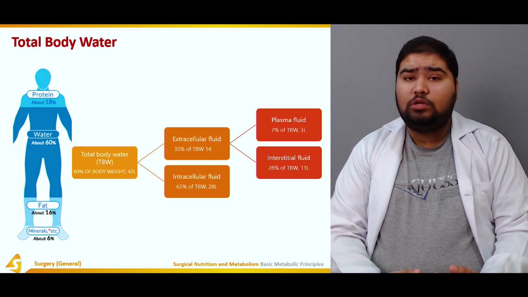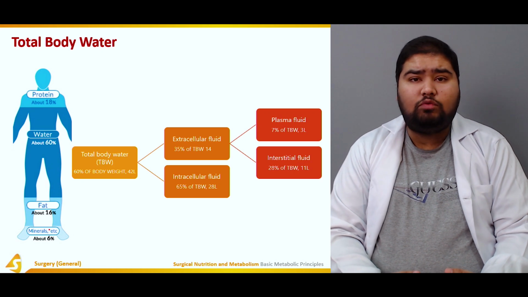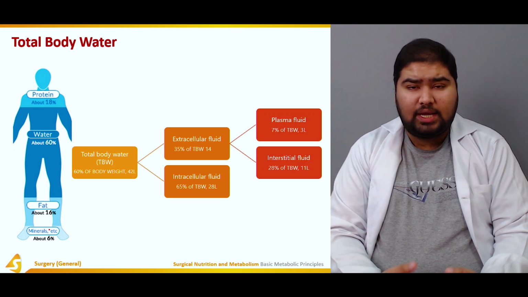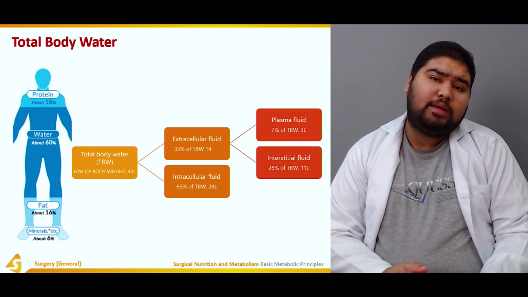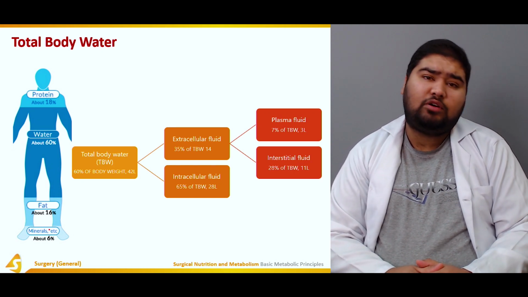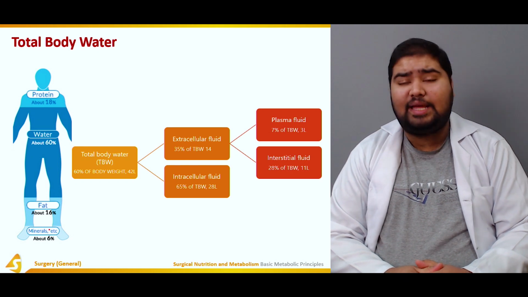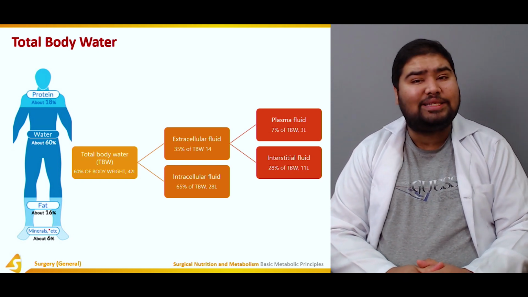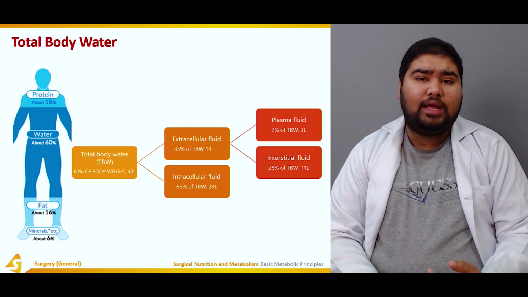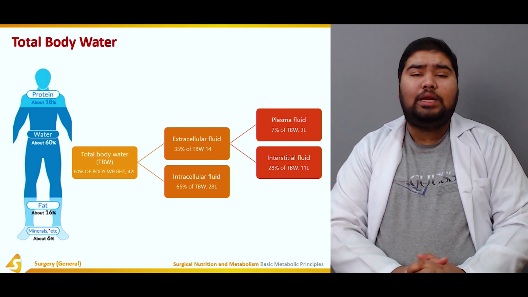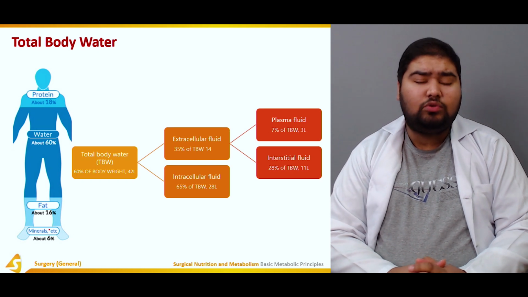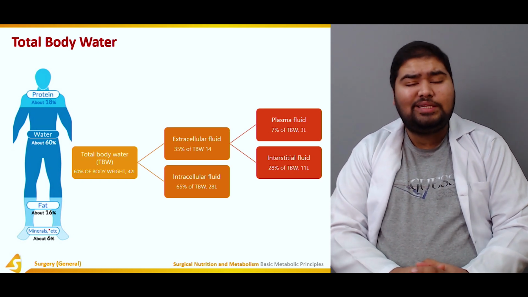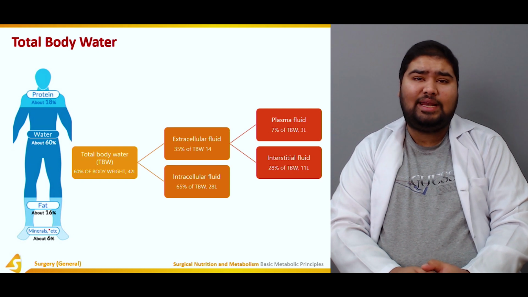Recapping them, total body water is the percentage of water that is present in the body. It comes out to be about 42 liters and is approximately 60% of the body weight. The percentage is fixed, be it a lean or an obese person. Now this total body water is divided into two components: the extracellular fluid and the intracellular fluid.